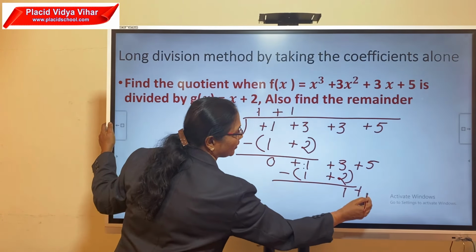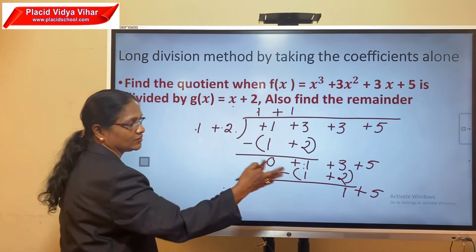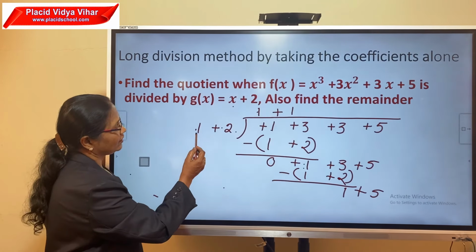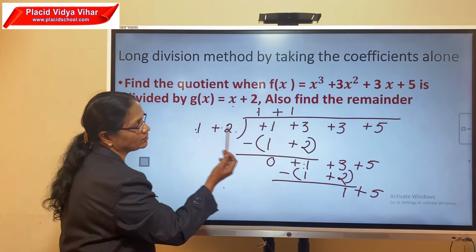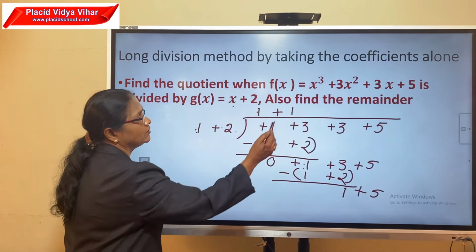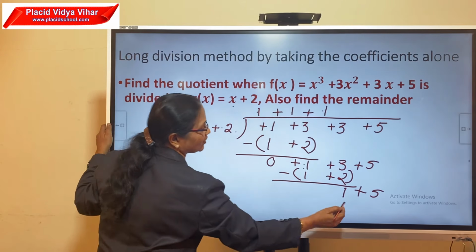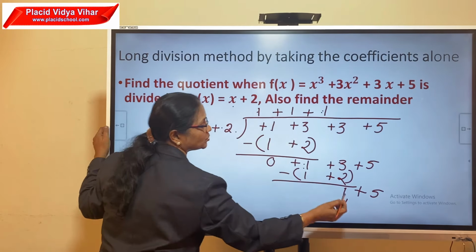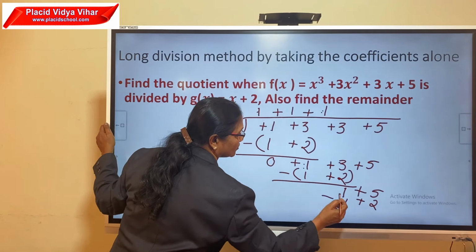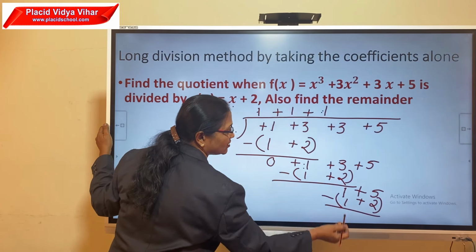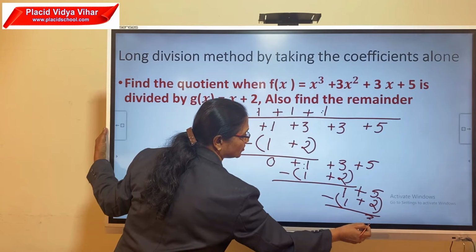Therefore 1 plus 5. Again 1 into 1 only 1. Therefore the next term of the quotient again 1. 1 into 1 equal 1. 1 into 2 equal 2. When you subtract, 1 minus 1 is 0, 5 minus 2 is 3.